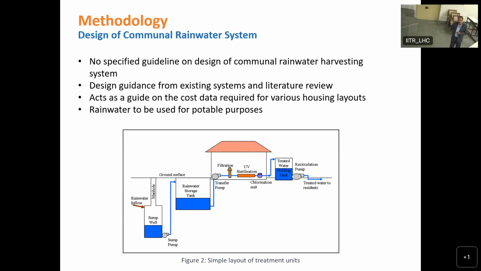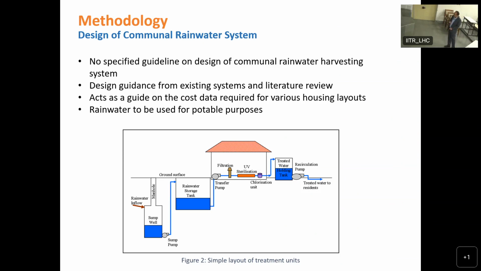In the option where there were 4 homes, I think the water could enter directly into the raw water tank. But as we increased the number of homes, there was more depth of collection system, and then you need a suitable size of sump well. And then you can have a submersible pump.